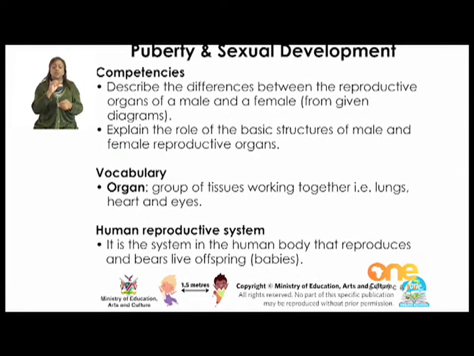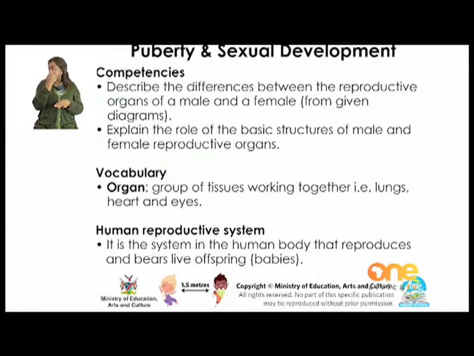Vocabulary. What are the words that we will encounter during this lesson? One of the most important words to know is organ, which refers to a group of tissues working together. Now, this group of tissues can be self-contained, they can be inside the body of the organism, or they can be outside the body of an organism.